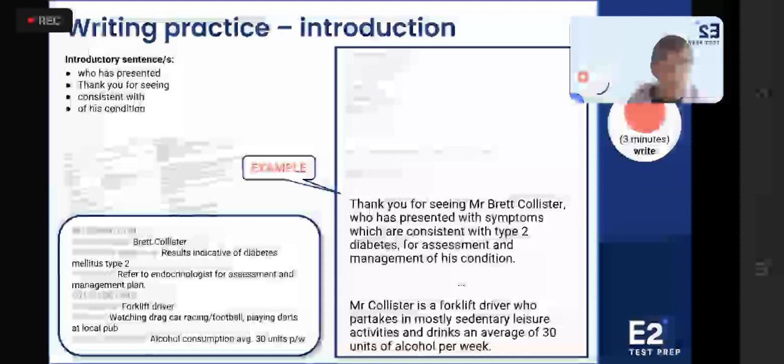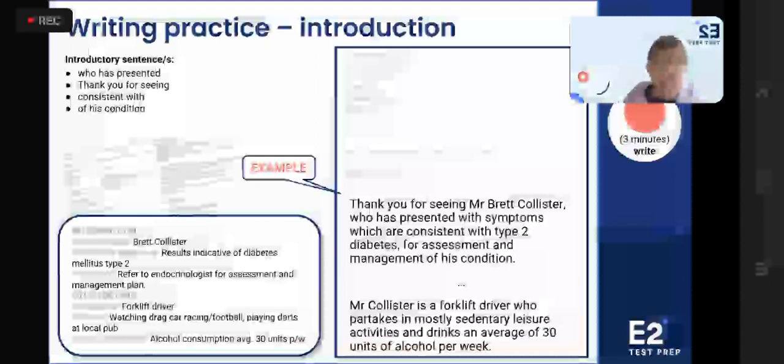Mr. Collister is a forklift driver who partakes in mostly sedentary leisure activities. You might say, who has a sedentary lifestyle. Use that verb. It's really important, that collocation, a sedentary lifestyle. Yeah? Active lifestyle, sedentary lifestyle.